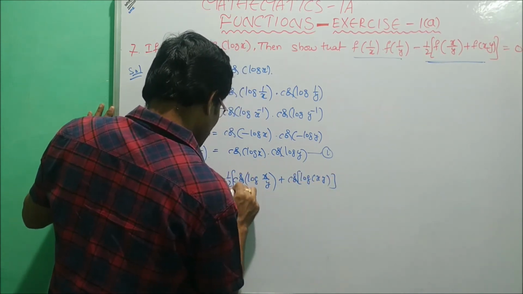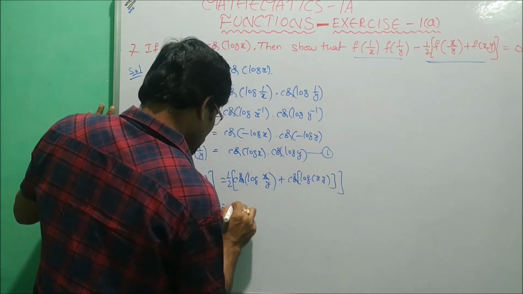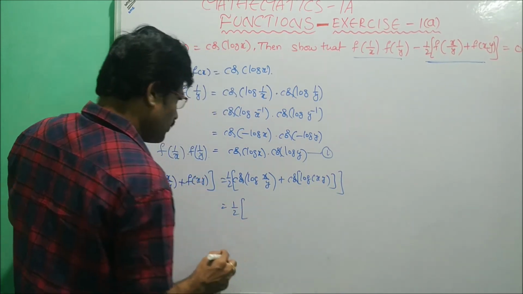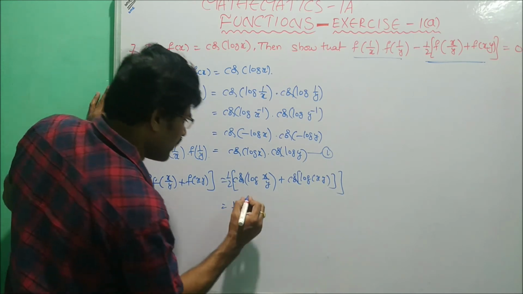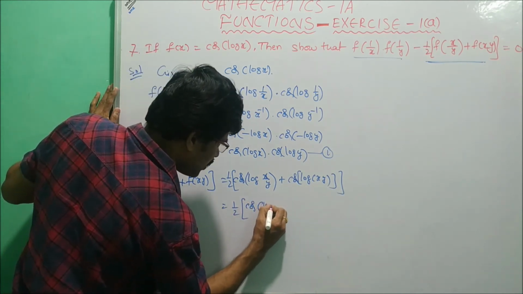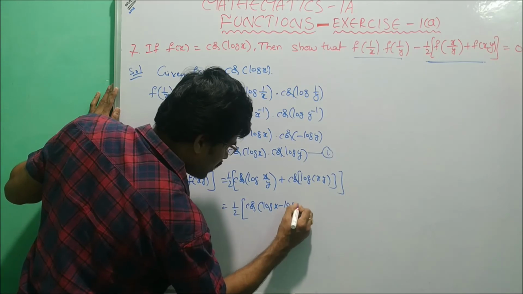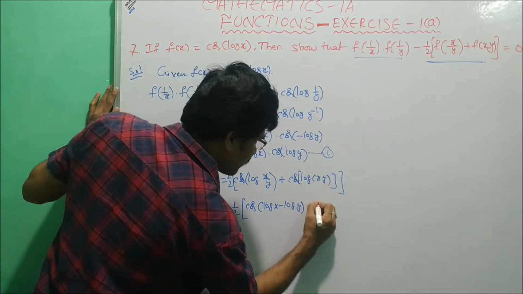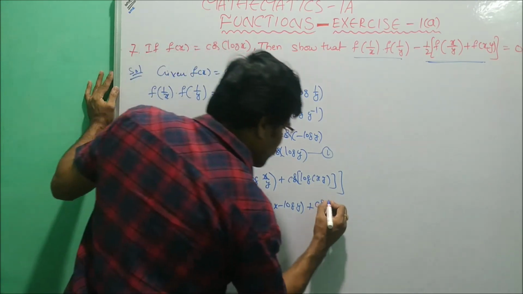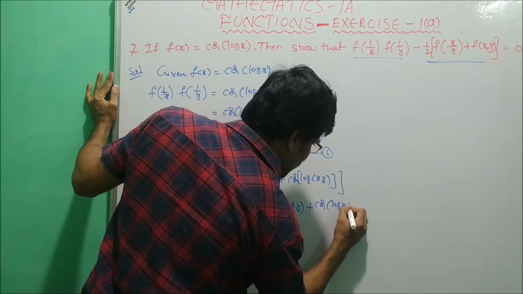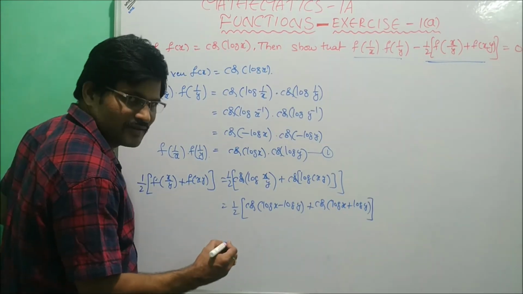So 1/2 into, that means log x/y can be written as log x minus log y. So cos of log x minus log y, plus, in this log xy can be written as log x plus log y, cos of log x plus log y.